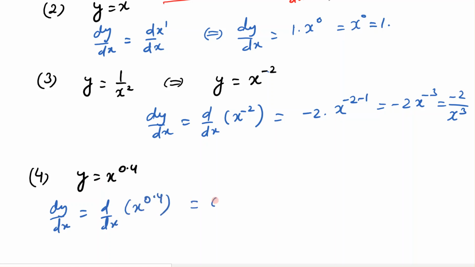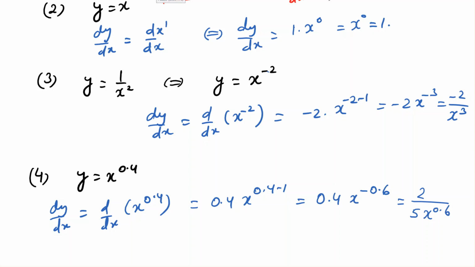We bring the exponent down and decrease the exponent by 1. And we see that we get 0.4x raised to power negative 0.6, which in turn is, since 0.4 is 2 over 5, and x raised to power negative 0.6 is in the denominator, it becomes x raised to power positive 0.6.